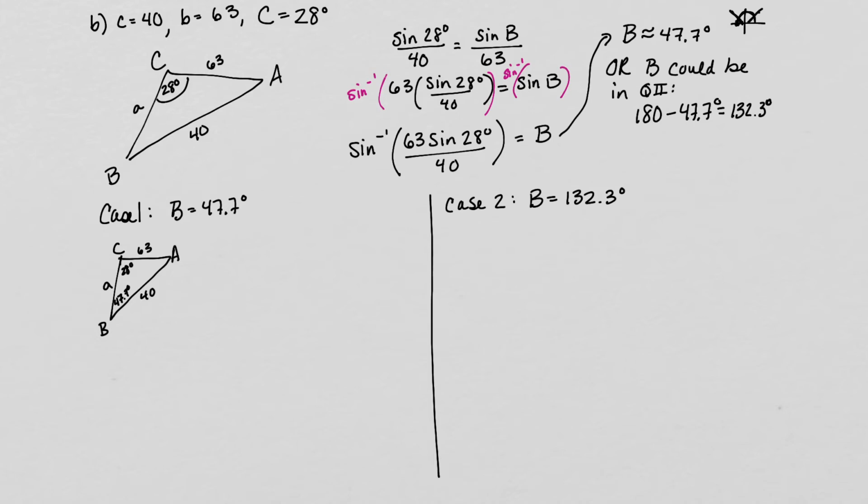So the first thing I'm going to do is find capital A, right? Capital A plus capital B plus capital C has to be 180 degrees because I have a triangle. Capital A is what I don't know. So capital A plus 28 degrees plus 47.7 degrees equals 180 degrees. I just want to save room so we can keep everything on one page here.